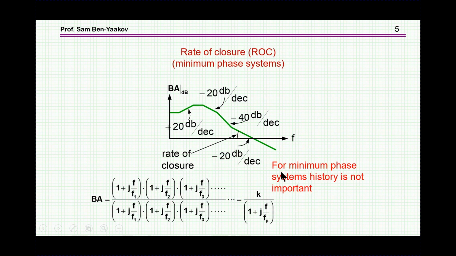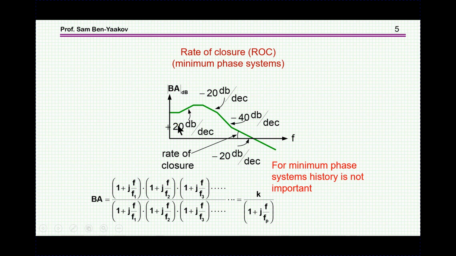And we also found that what is really important in the case of a minimum phase system is the rate of closure. That is how the loop gain is approaching 0 dB. I've shown that if it is approaching with a closure rate of 20 dB per decade, then we are in good shape, because it implies that this range is controlled by one pole, and one pole has a maximum of 90 degrees.